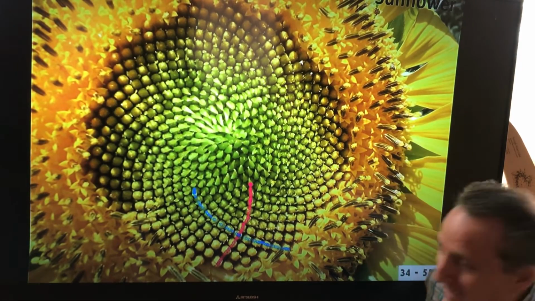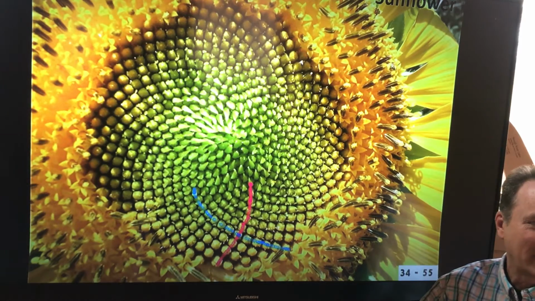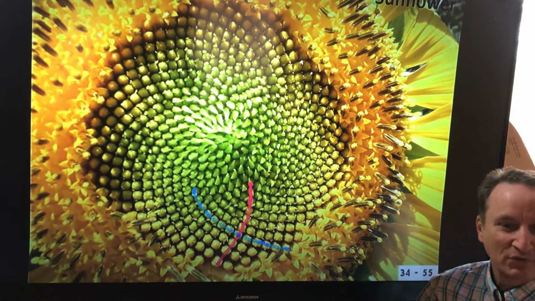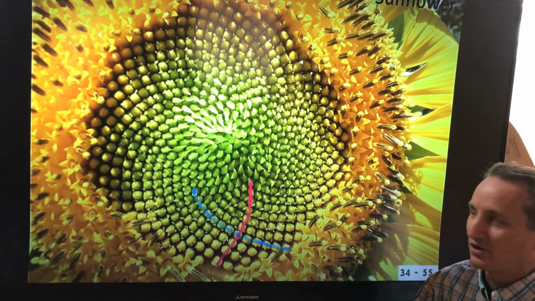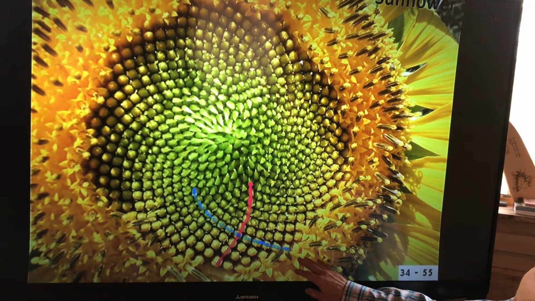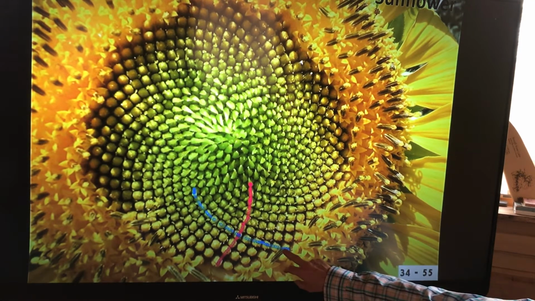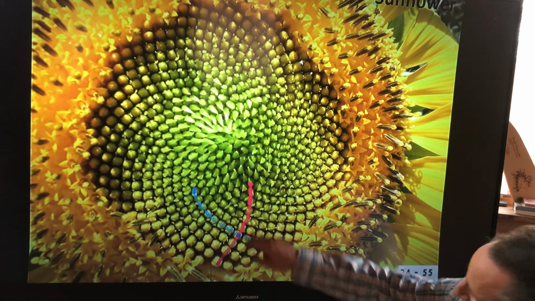including nature, because the Fibonacci series appears broadly in nature, and the spirals are not random, they are specifically in Fibonacci ratios. For instance, the sunflower here is in a ratio of 34 of the blue spirals and 55 of the pink spirals.